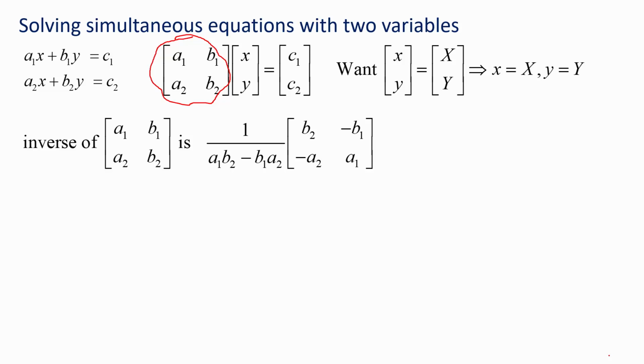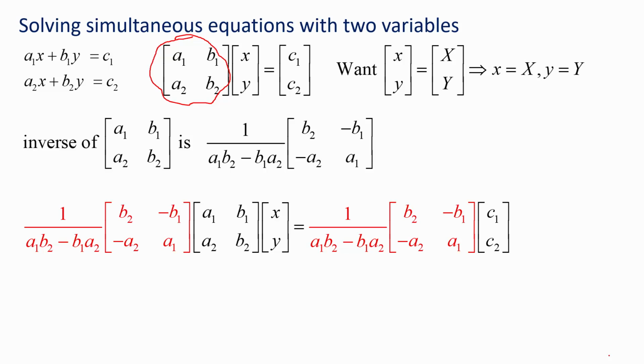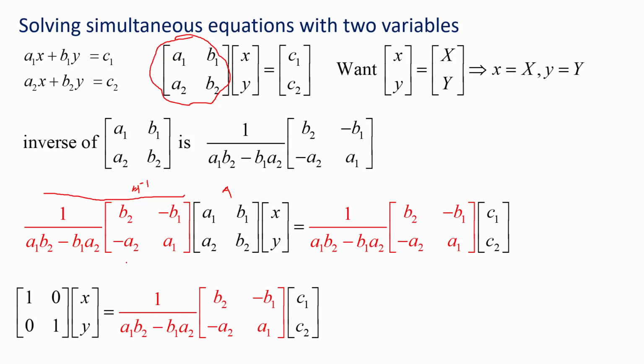So if we pre-multiply both sides by the inverse of the matrix, that's what we obtain, the one shown in red. And what we have here on the left, there's our inverse matrix, and there's our matrix A. And of course we know that the product of the matrix with its inverse gives us the identity matrix, and there it is.